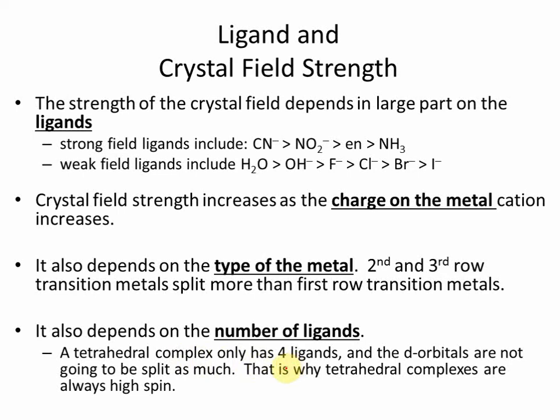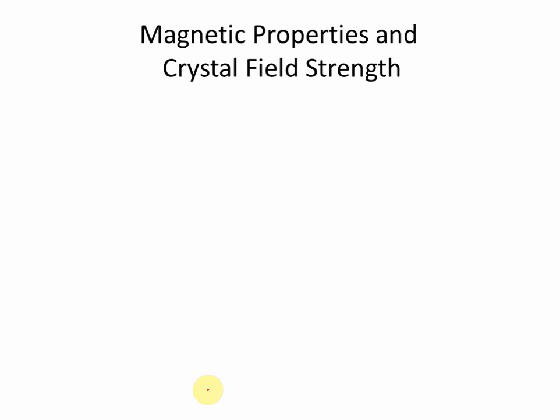So what in the world do I mean by high spin complexes? Well, high spin or low spin will help us to determine the magnetic properties of transition metals. And the electron configuration of the metal ion with split d orbitals depends on the strength of the crystal field.